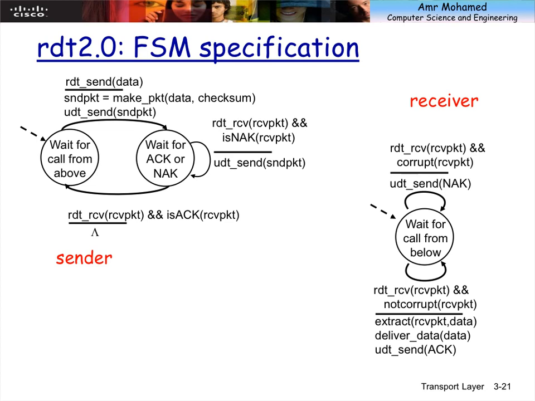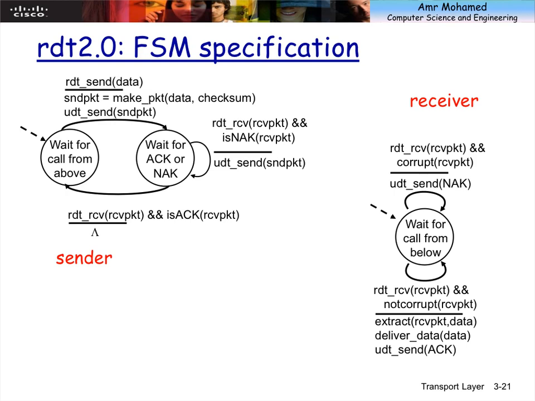So you divide the RDT send from above into two, bidirectional. Each one of them is UDT. But now the channel is unreliable.